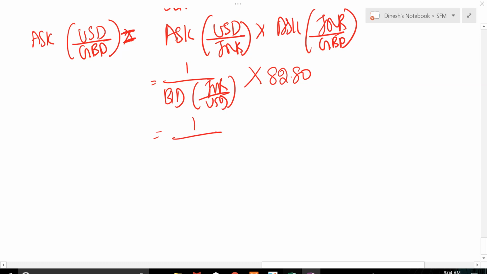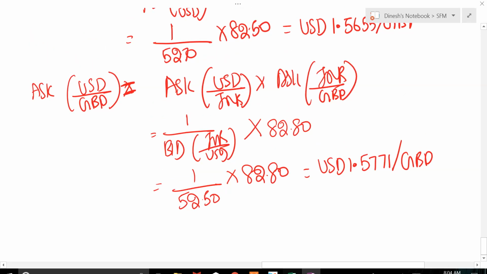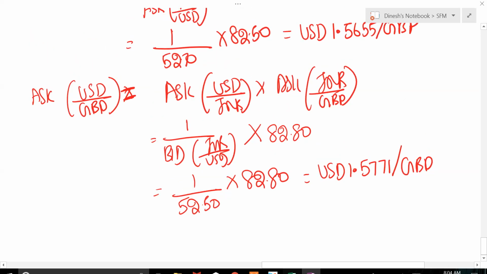It is 1 divided by 52.50 into 82.80. USD 1.5771.